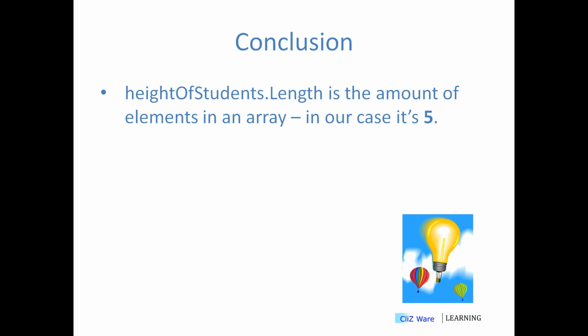And yippee, we have now gone through arrays, and we now know that if we'd like to find the amount of elements in an array, or items, whatever you like to call it, you need to use this dot length thing. Then you will be able to know how big that array is.